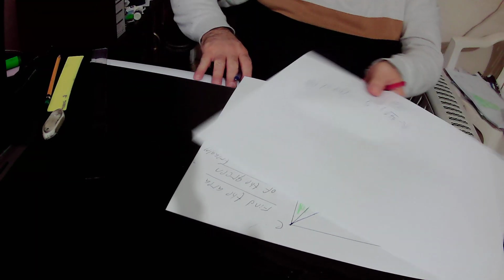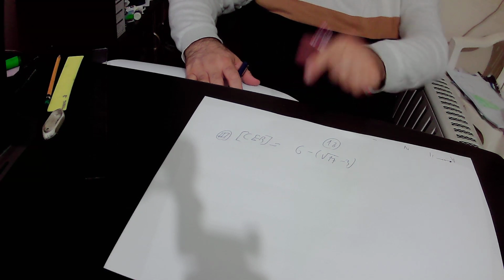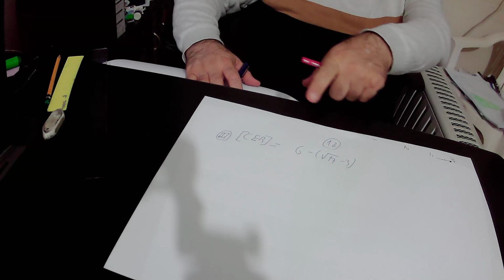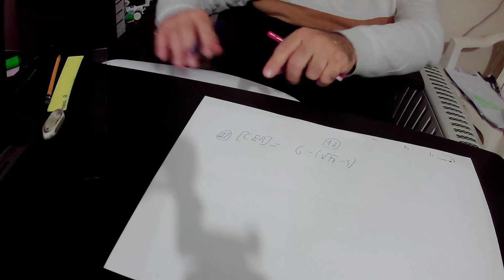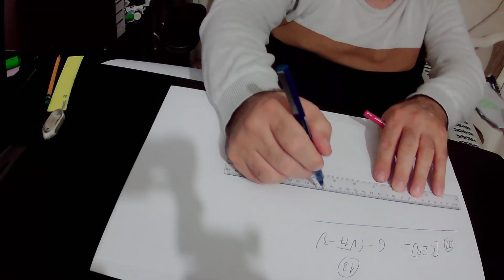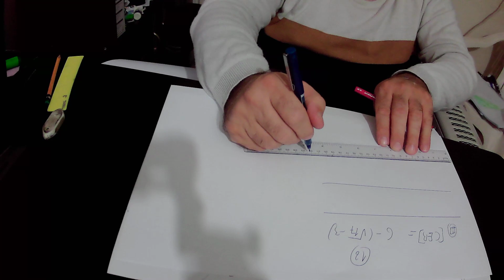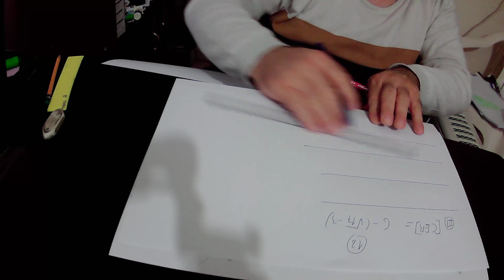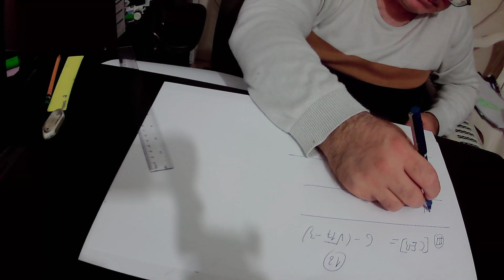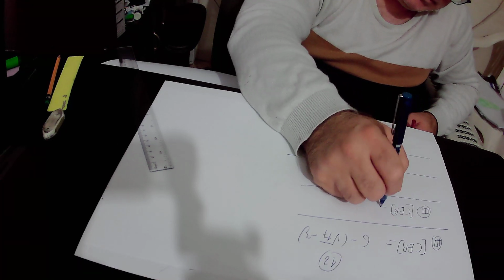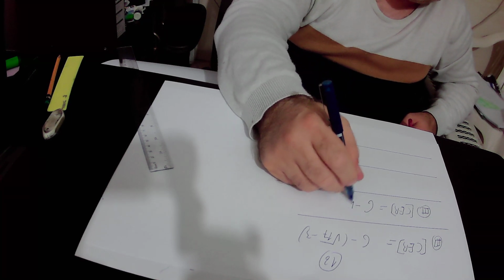So we found out that the area of the green right triangle CEB equals 6 minus square root of 17 minus 3. Here we will open the brackets, and we will get that the area is equal to 6 minus square root of 17.